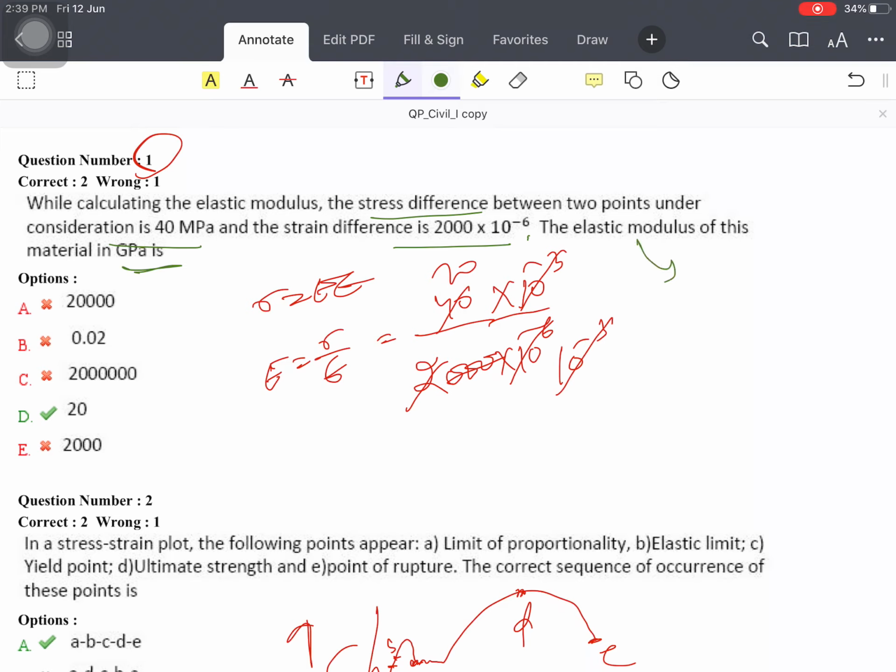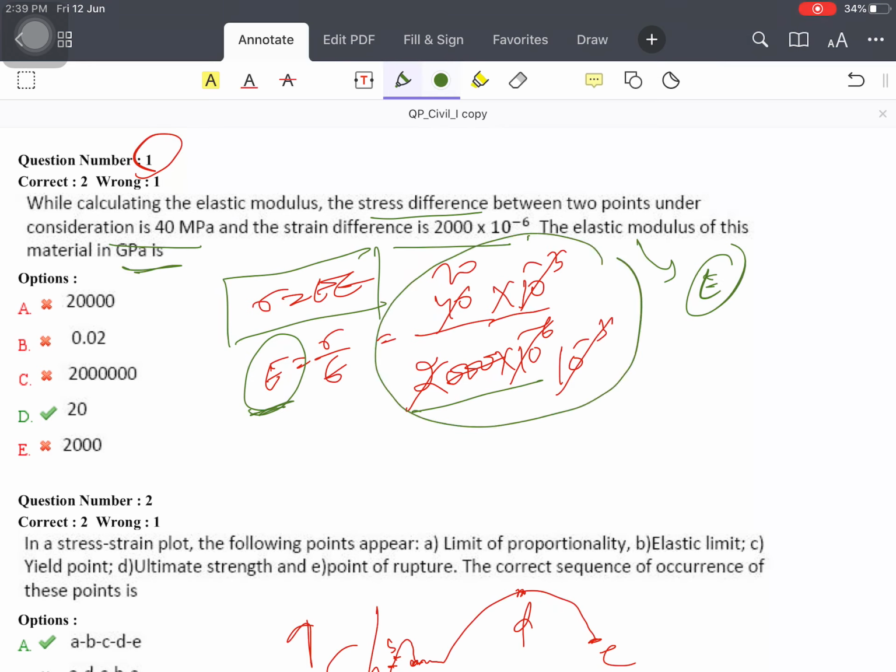As we know, elastic modulus is capital E. We know the formula sigma equals E epsilon. From this we can find the value of E. E equals sigma by epsilon. Sigma is given 40 into 10 to the power minus 3 and epsilon is 2000 into 10 to the power minus 6. After calculation we will find the value 20.